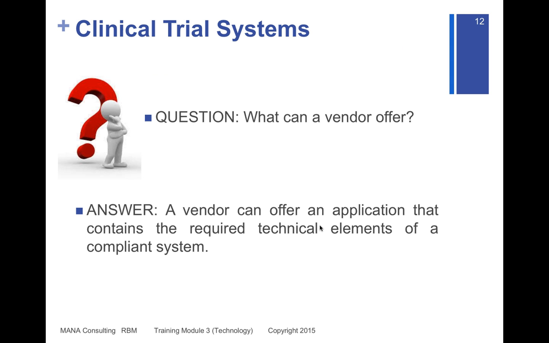So you can have an EDC system that is designed with all of the requirements for 21 CFR Part 11, but if you don't include training and defining who can have access and what they can have access to, then you have not maintained the requirements of 21 CFR Part 11. So it's important to realize that it's not just the system, but the processes that go along with it.